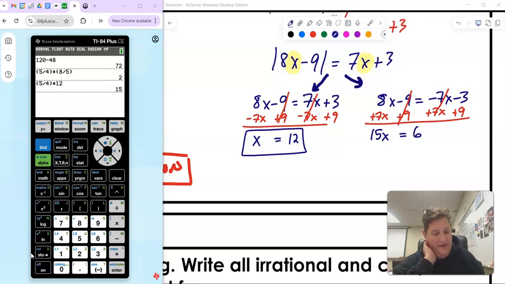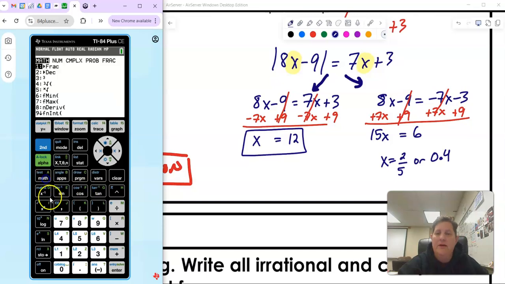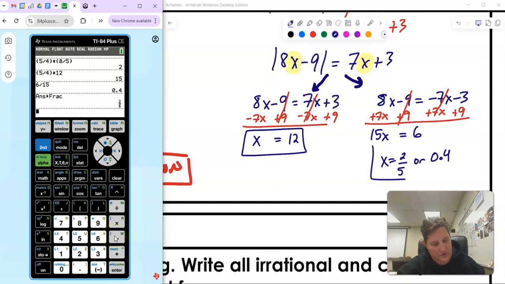And then when I divide it, you'll either get a fraction. I don't care if you guys write it as, so 6 over 15, which reduces to 2 over 5. Or, if you just go 6 over 15, this will give you a decimal. I do not care if you use fractions or decimals. Remember, if you hit math 1, it'll change it to a fraction for you, but you can use either one.